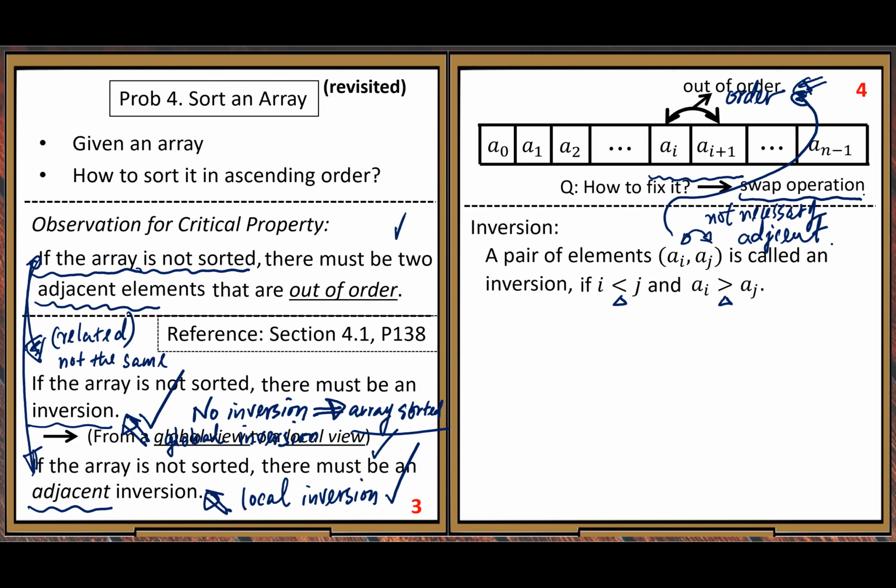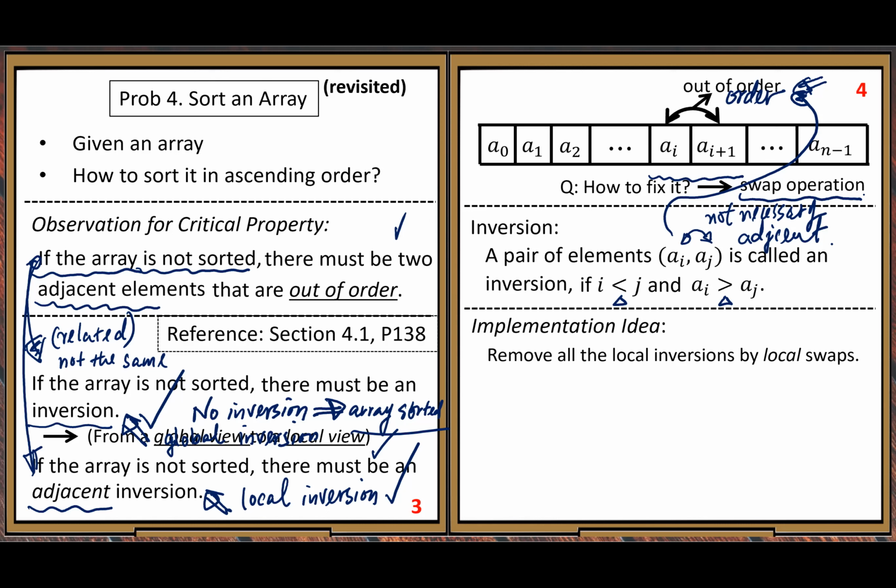So you eliminate one inversion in this way. Then you can eliminate all inversions using swap operations. Now the main idea of this algorithm is almost there. Let me describe the implementation idea.